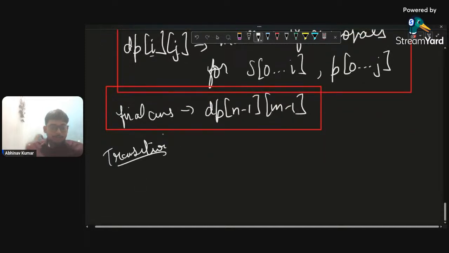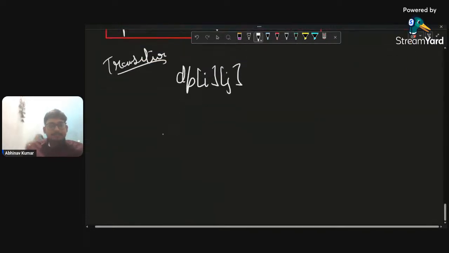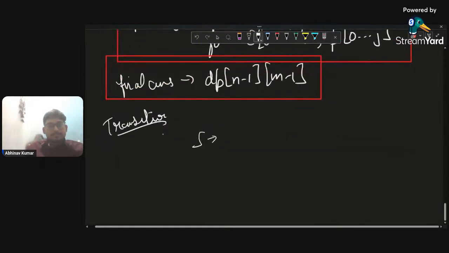Now for the transition, let's say we have a DP[i][j]. Let's say this is my string s and this is my pattern.